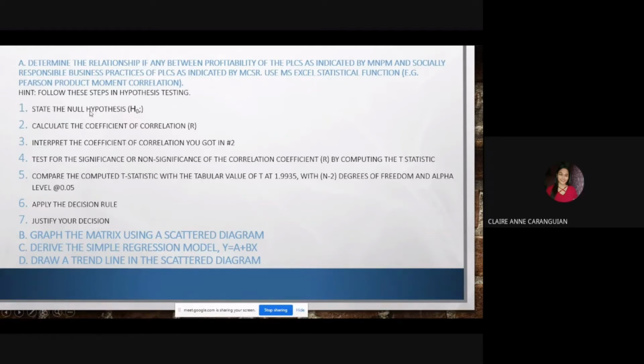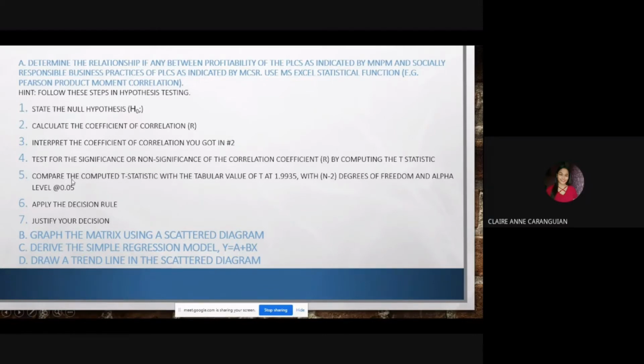Number 1, state the null hypothesis. Number 2, calculate the coefficient of correlation or r. 3, interpret the coefficient of correlation you got in number 2. 4, test for the significance or non-significance of the correlation coefficient by computing the t-statistic.